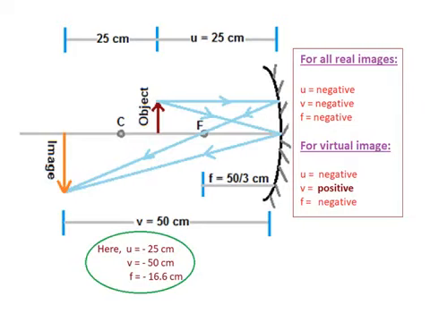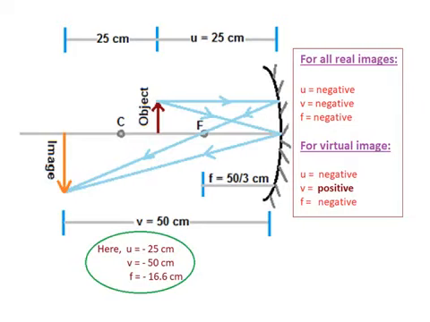Now we have to apply the Cartesian rule here, that is the sign convention. You may observe, when you fix the graph origin on the point P, all these distances u, v and f lie on the left side of the origin. So the left side of the origin indicates what sign?